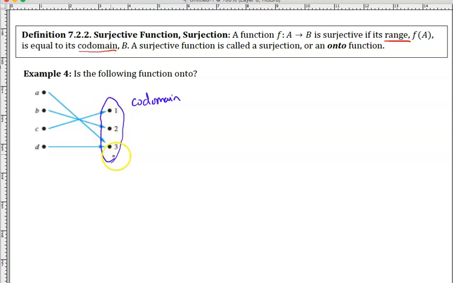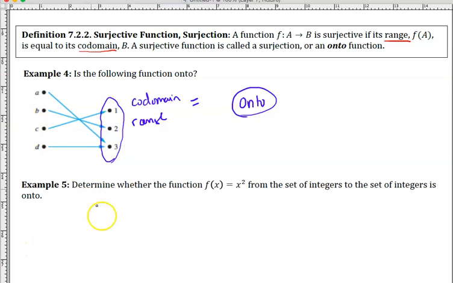That means they're all images of elements in the domain, so that means this is also the range. Because the codomain equals the range in this case, this function is onto. It's a surjection. It's not one-to-one because we can see that a value of y is associated with two values of x, but it's definitely onto.